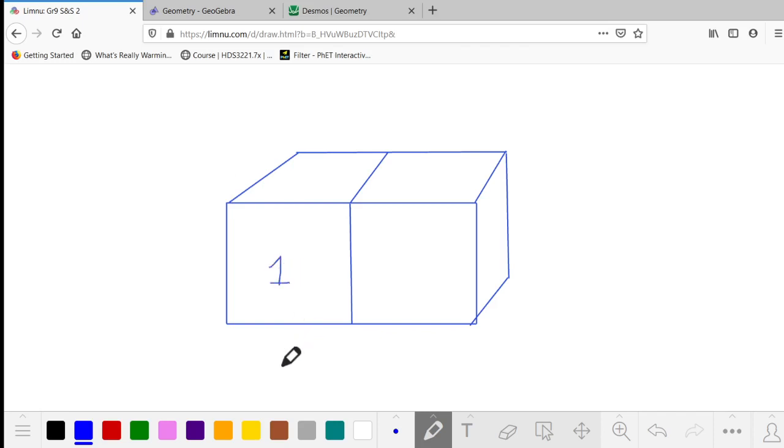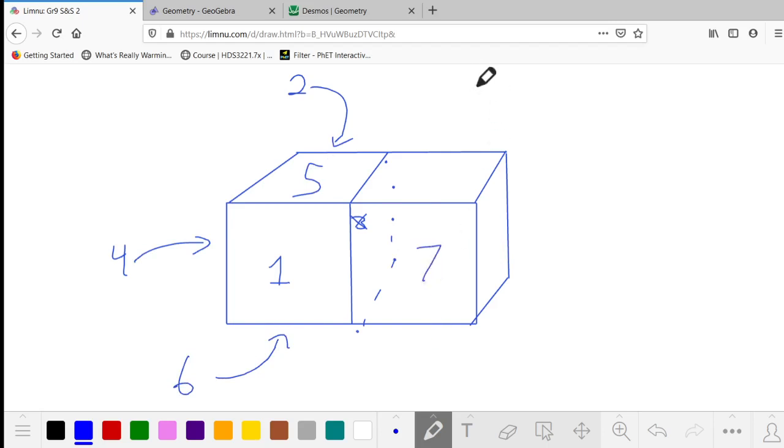We still have the one in front. Number 2 is in the rear. Number 3 would be here. We can't see surface number 3. We can still see 4, 5, and we can still see 6. In the next cube, we can see 7.